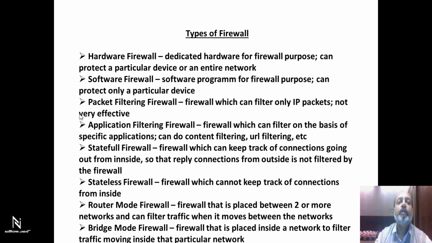Obviously they can do packet filtering, but whenever they are doing packet filtering, it is basically filtering on the basis of IP address, maybe source IP address or destination IP address and so on, right?